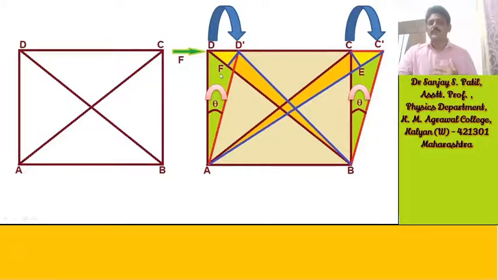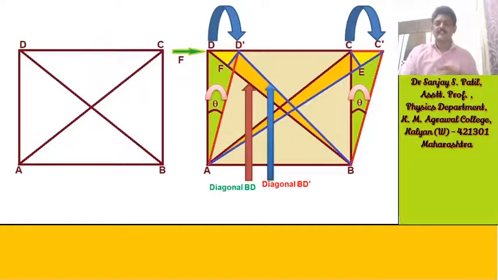Similarly, this AD goes to the new edge AD dash, and this diagonal BD becomes BD dash. So compression of diagonal takes place, and this AC becomes the new diagonal AC dash. So extension of diagonal takes place. So this is about the changes, the transformation when application of force is there.